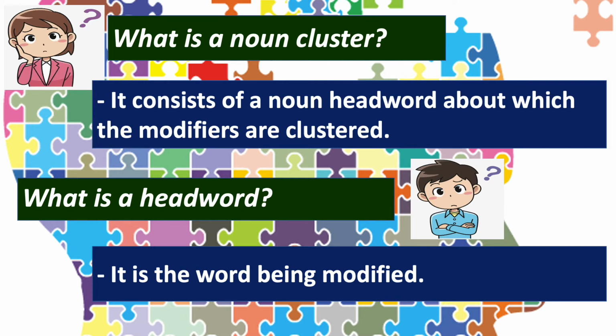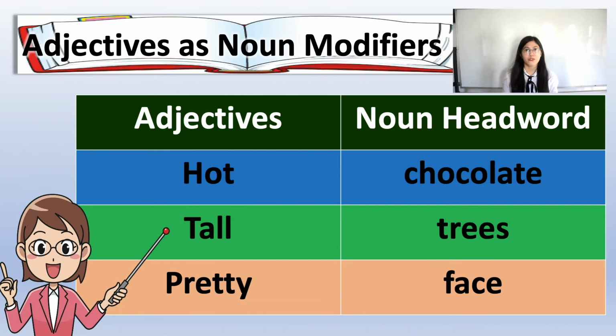So to easily understand this, let's have examples. We can use adjectives as noun modifiers. Adjectives describe a noun or a pronoun. As you can see, we have adjectives and a noun head word. Again, the noun head word is the word being modified or described.